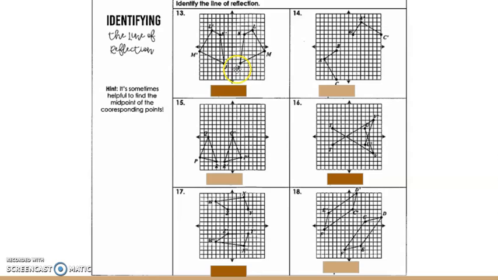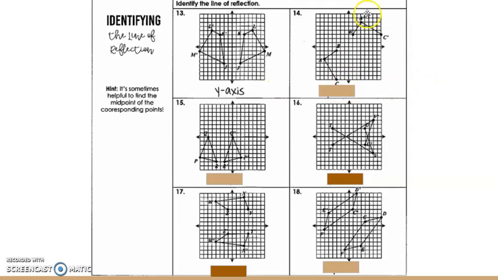So what they mean by that is you could take J and J prime and find the midpoint, or sometimes you can just easily look and see. So for example, number 13, we can easily see that our line of reflection for that is going to be our x-axis. Some of the others, though, it might be a little harder to tell. So that's where our midpoint would come in handy.